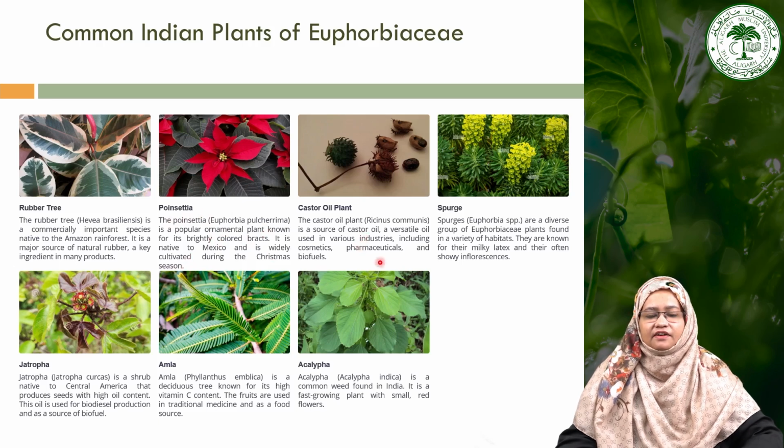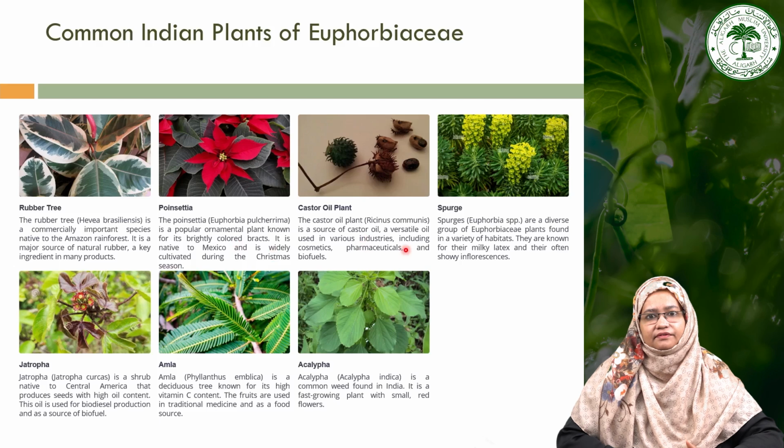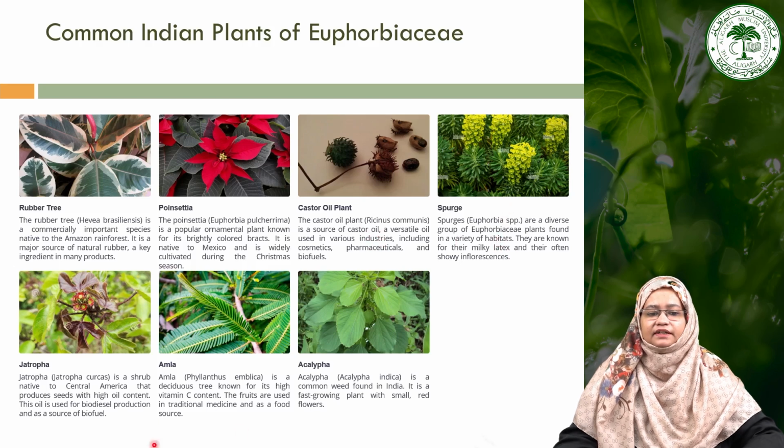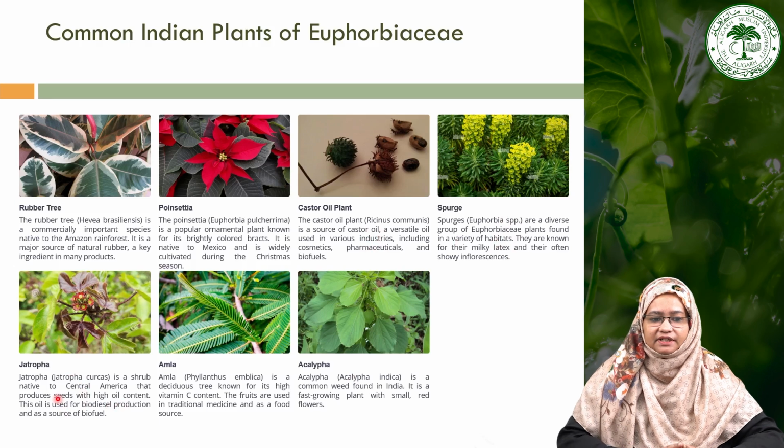Then Ricinus, a common wild plant in many areas of India which yields castor oil. Then the Euphorbia species, called spurge. Then Jatropha curcas is a shrub native to America. Its oil is used for the production of biodiesel.